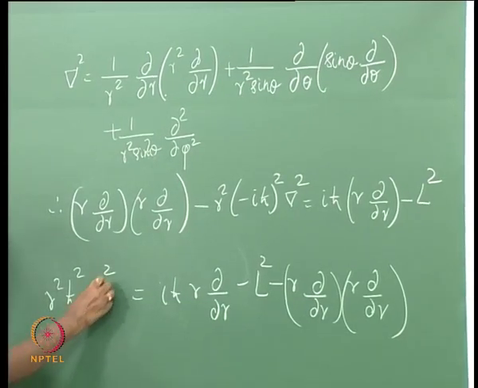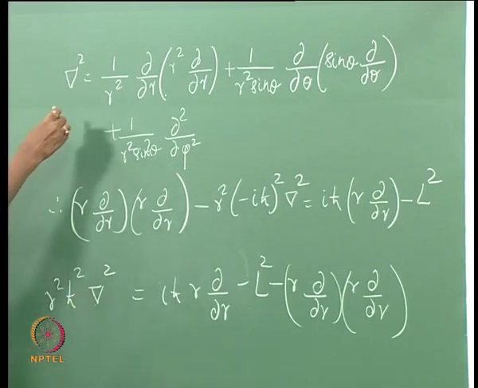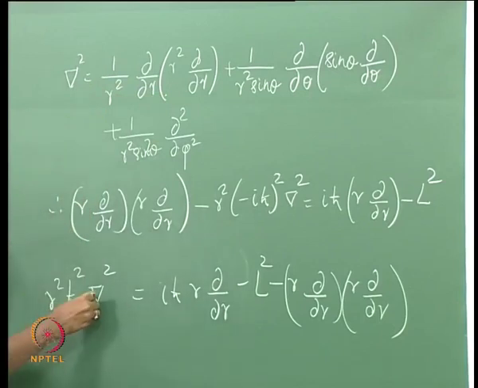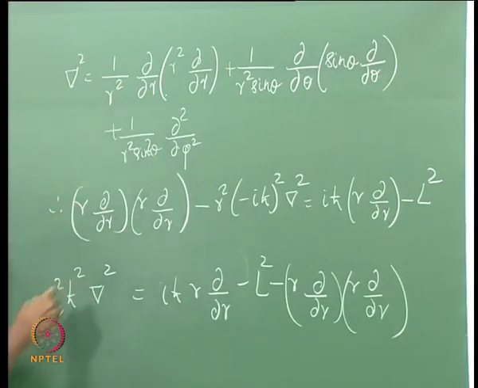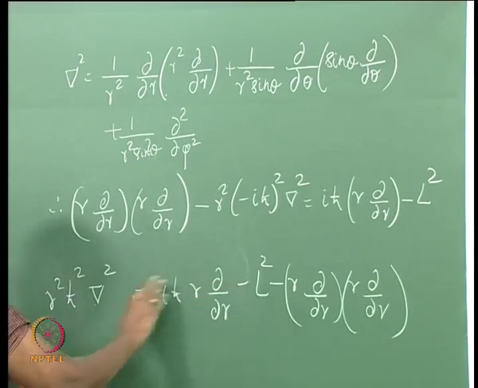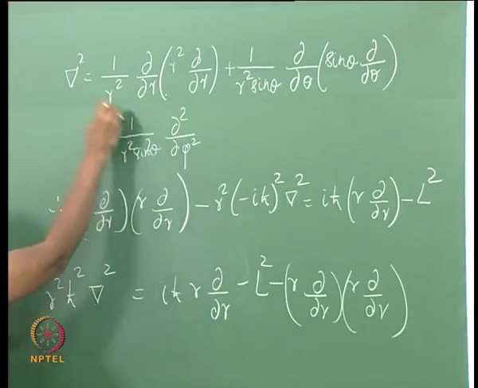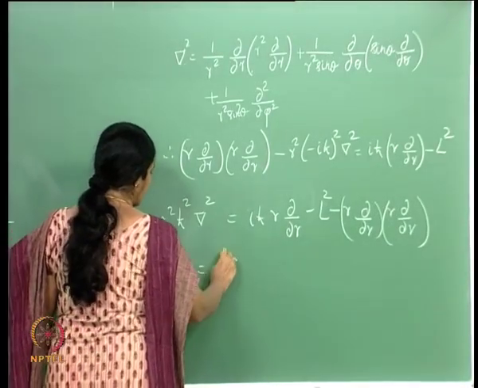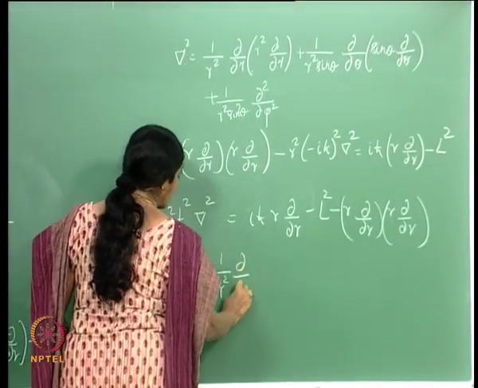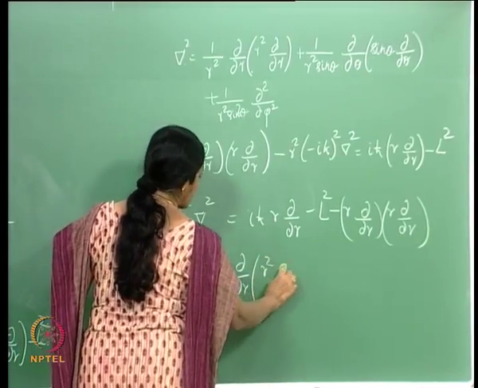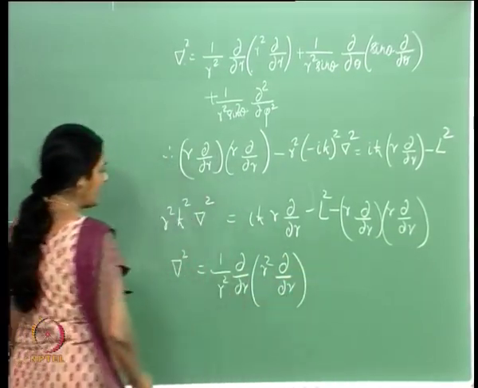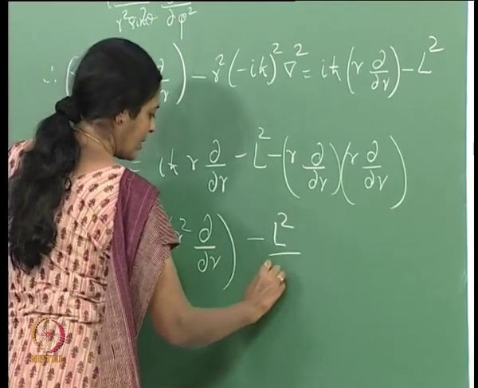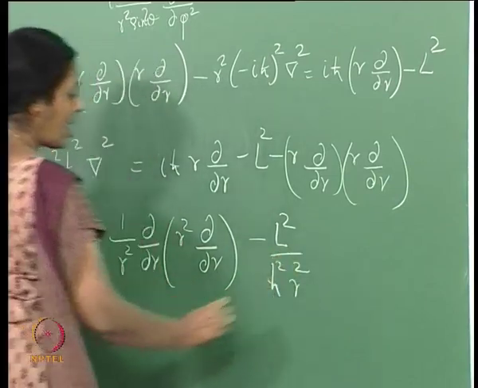But I can now write del squared in spherical polars, and that expression is given here. I substitute for del squared from here, and then if I check by putting things in, I can show that del squared is 1 by r squared delta by delta r of r squared delta by delta r, the radial part survives, minus L squared by h cross squared r squared.